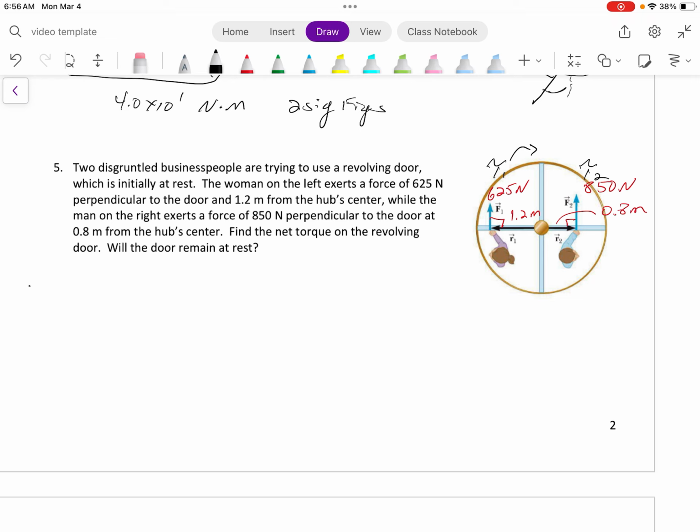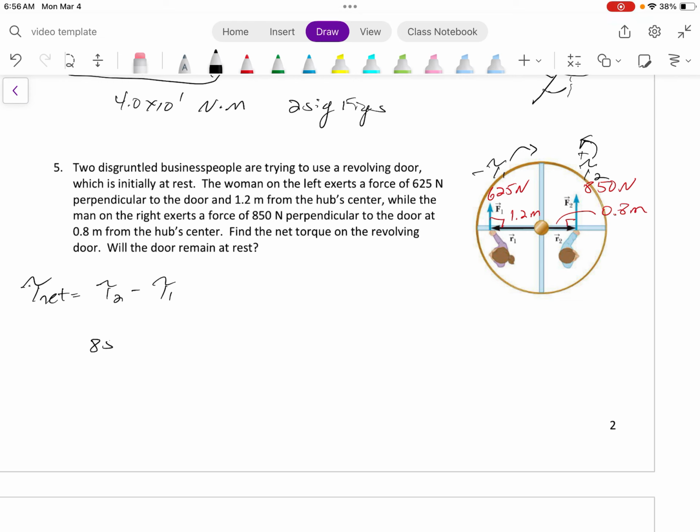Torque 1 is actually going to be a negative torque because it's going to cause the door to rotate in a clockwise direction. Torque 2 is a positive torque because it's going to rotate in the counterclockwise direction. The net torque is the two of them added together, so torque 2 plus a negative torque 1. And now I will calculate the torques.